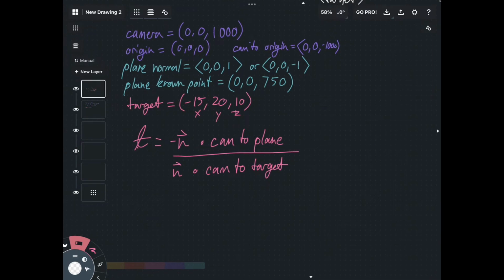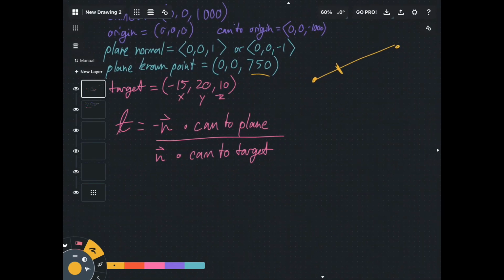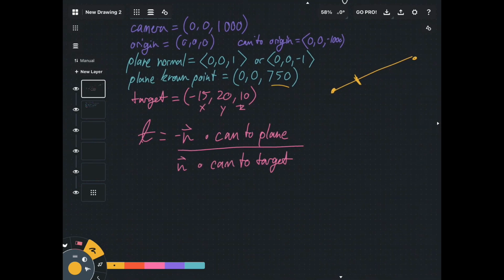And then we have a known point on the plane, which is calculated as some sort of a ratio. I usually would say if the camera is here and the point is here, then I want the view plane to be like 1/4 of the way. So plane known point 0, 0, 750. But that can be whatever.